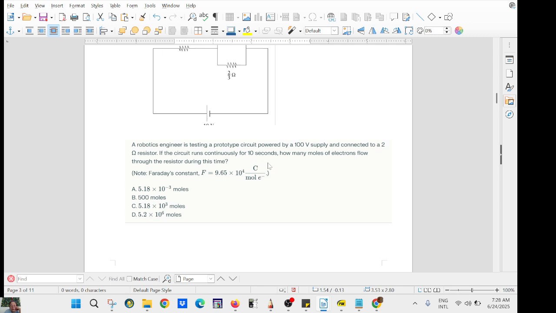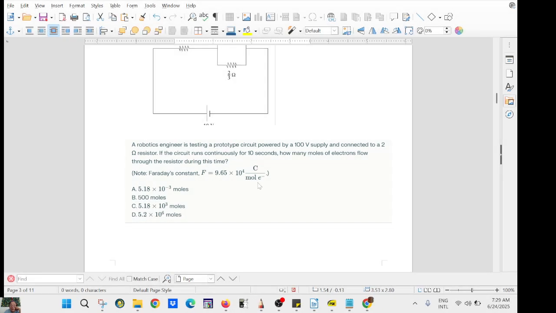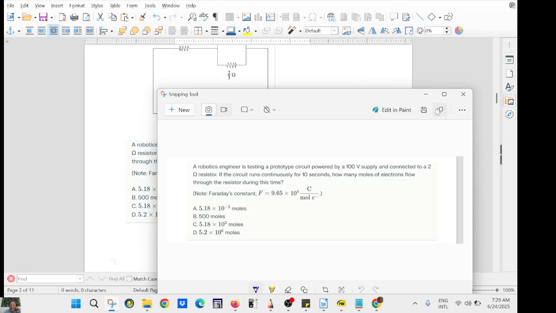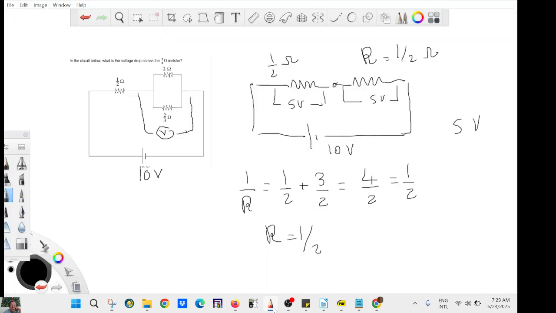So let's find out the number of charge. And here it says that you have 9.65 times 10 to the 4th coulomb per mole of electron. So you can pause the video. It's something you don't learn in the lecture, but by reading it, you can figure this out.